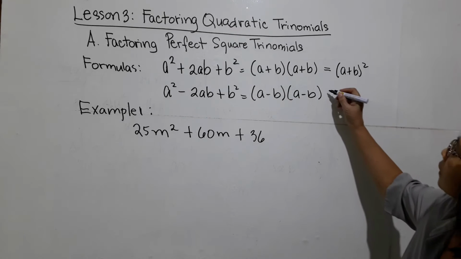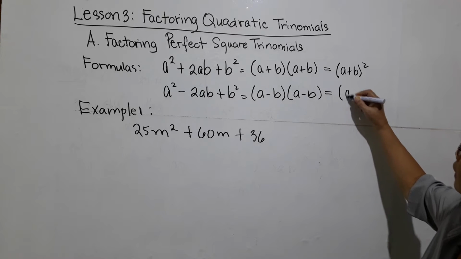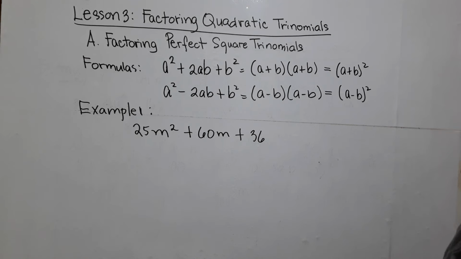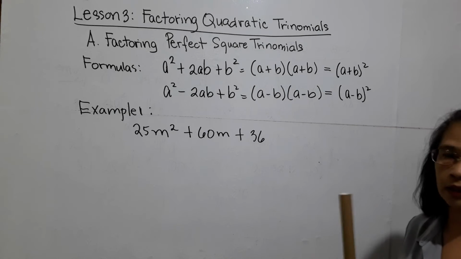I can write this in exponential form as a minus b squared, since both factors are exactly the same.